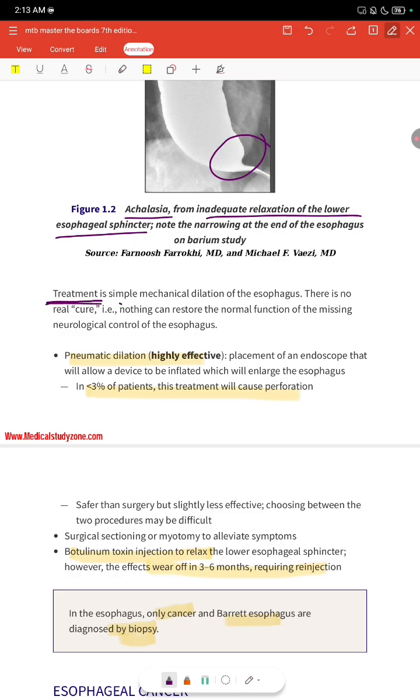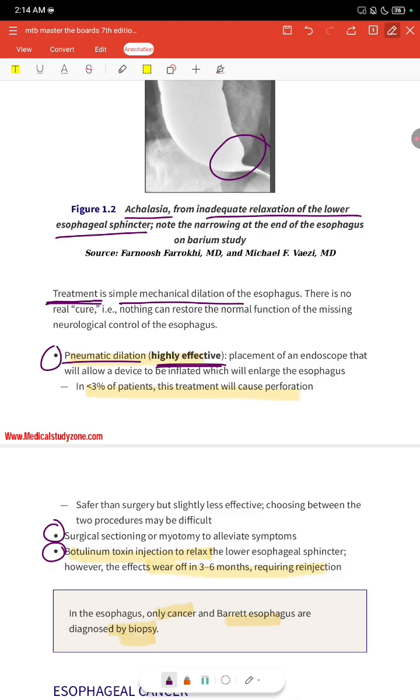Treatment is simple mechanical dilation of the esophagus. There is no real, quote-unquote, cure. That is, nothing can restore the normal function of the missing neurological control of the esophagus. Yet, these are the treatment options that we've got. Number one is pneumatic dilation, which is highly effective.